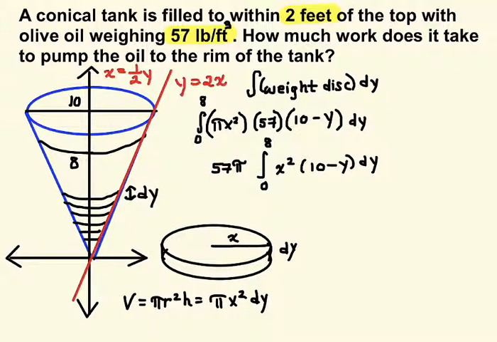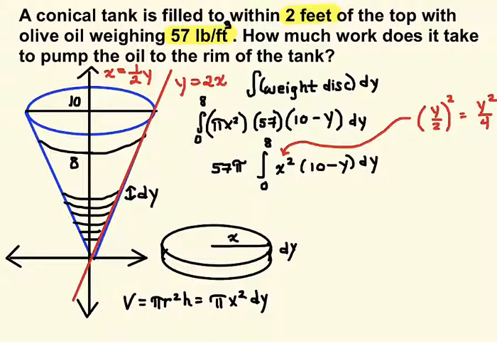Let me get the red, because I need to write that x squared in terms of y, right? And I happen to know, if I look over here, x is actually equal to 1/2 y. So since x is y over 2, I want to square it. So x squared is actually equal to y squared over 4. So I'm going to have to put that in.